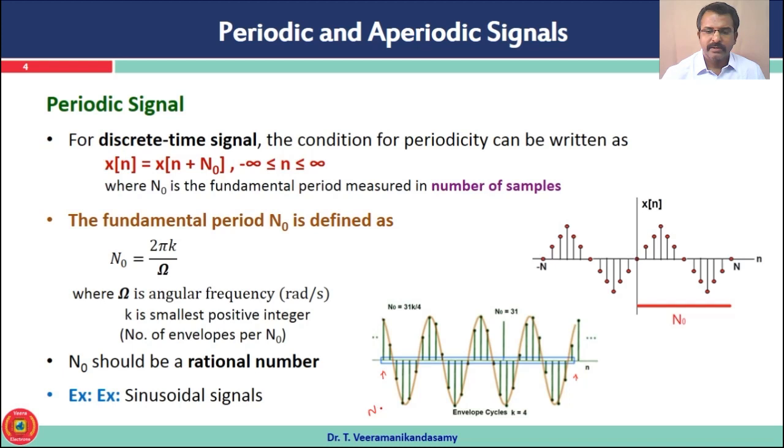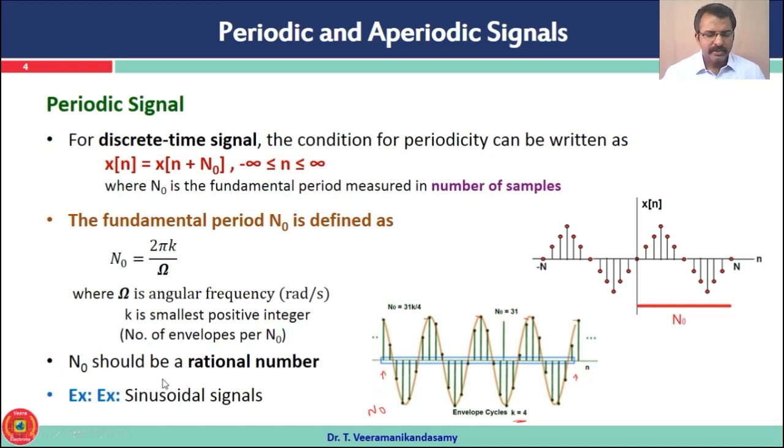During this n naught, we can have the envelopes. It starts from here, 1, 2, 3, then 4. So throughout this n naught, we have 4 envelopes, so the k value is 4. So k is the smallest positive integer, representing the number of envelopes in the fundamental period n naught.